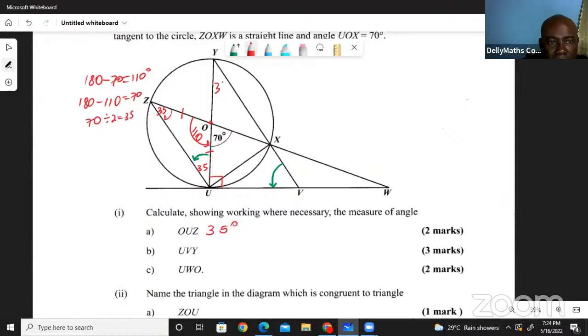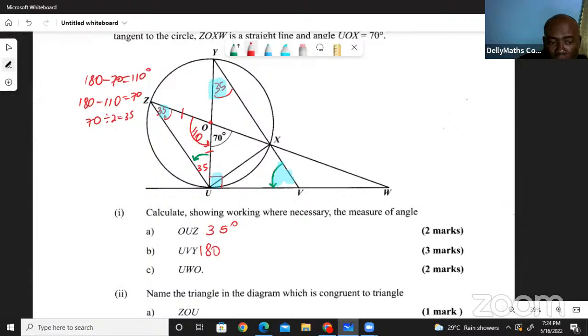Also, this is 35 degrees right here. How did I know it's 35? Angles in the same segment are equal. So I'm just filling out things. Of course, I can find this now. I could use the total angle in a triangle, because the total should be 180 degrees.